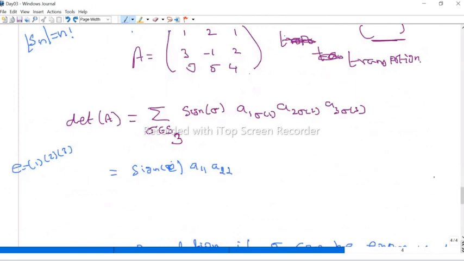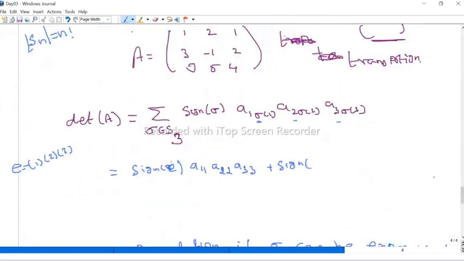A1 1, because now I am taking the identity permutation. Here sigma equals identity. Therefore, identity means 1 maps to 1, 2 maps to 2, so A1 1, A2 2, A3 3. Plus I am taking the next permutation from the group, 1 2.